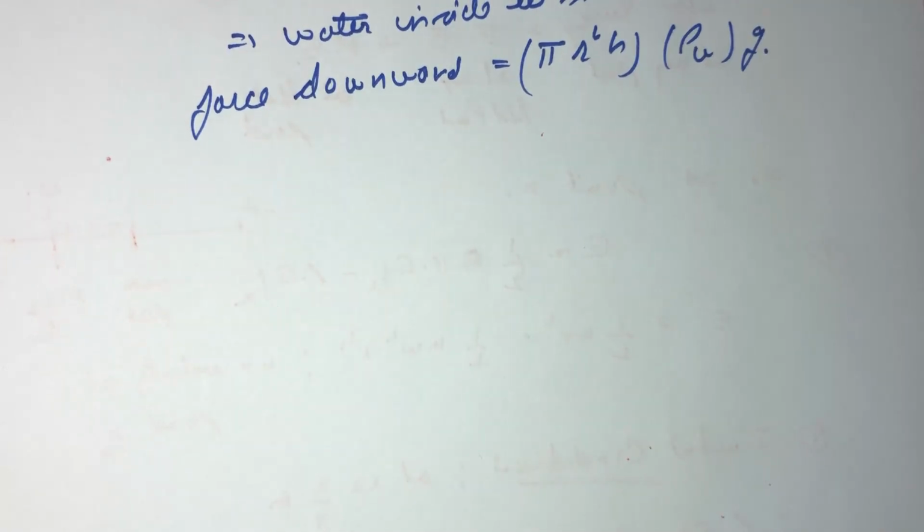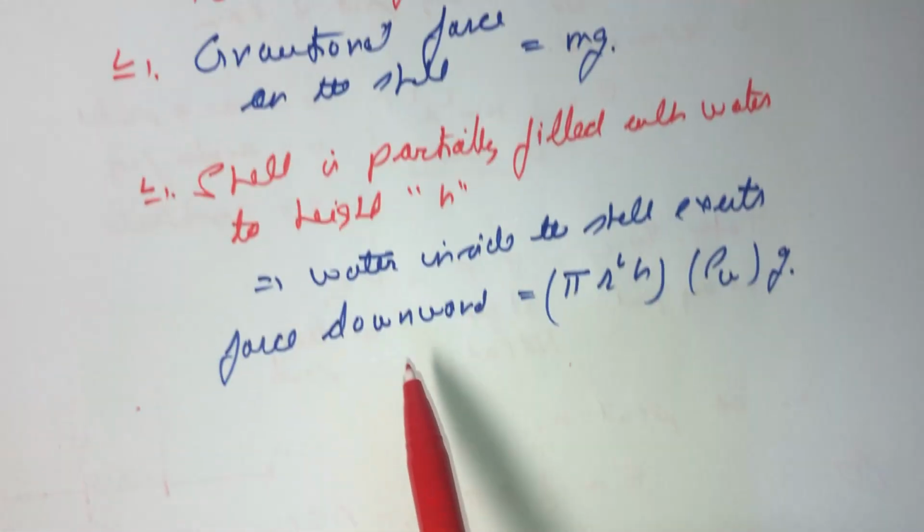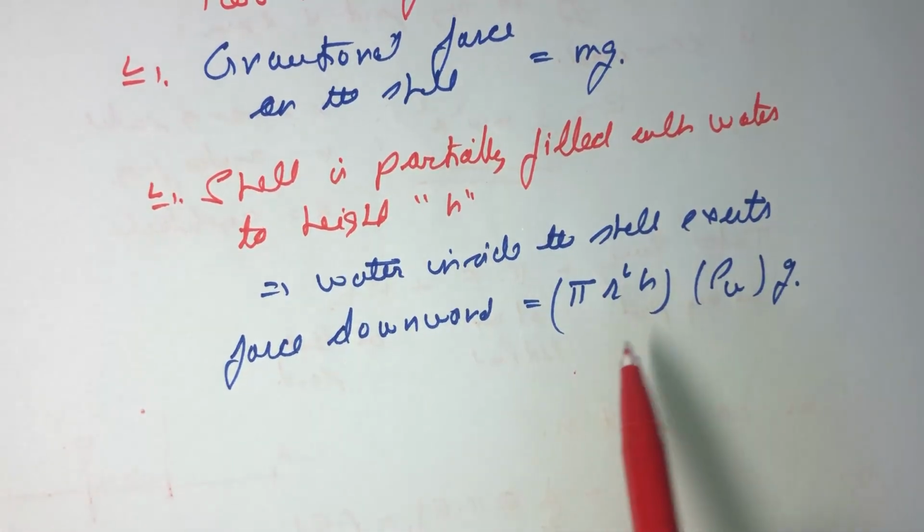So total downward force will be the gravitational force on the shell and the force due to the water.